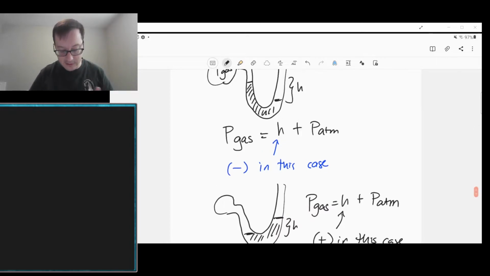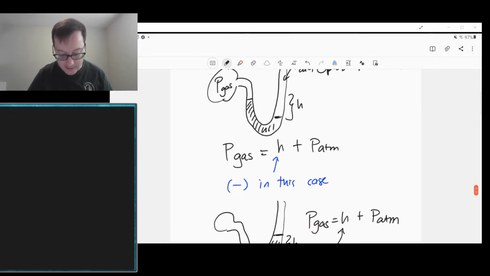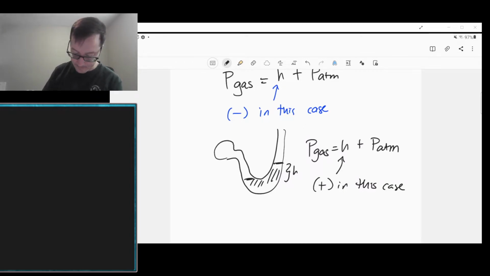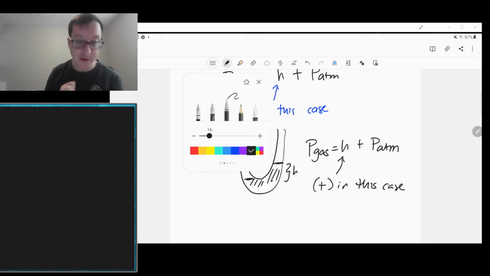So if you can see that your pressure of the gas is lower than your atmosphere, H will be negative. If your pressure is going to be higher than the atmospheric pressure, then H will be positive. So you'll have some problems where you're looking at manometers and you'll make that determination for which H, the positive or negative one, to use. All right. So fun stuff. So that's how we measure pressure. All this has been about measuring pressure.